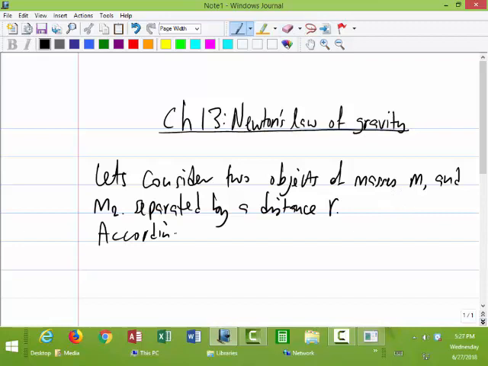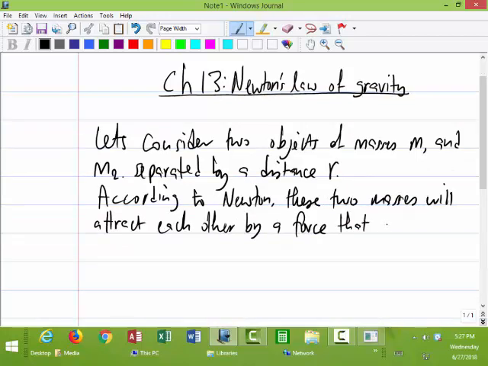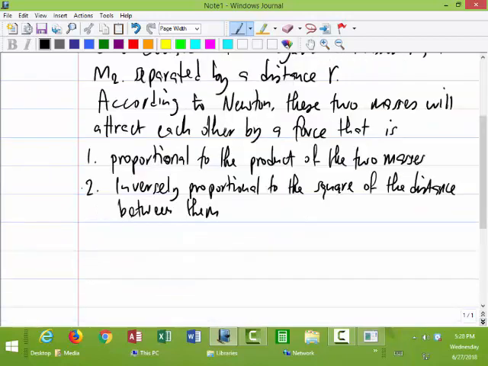According to Newton, these two masses will attract each other by a force that is, one, proportional to the product of the two masses and, two, inversely proportional to the square of the distance between them. We can write this quantitatively as follows.